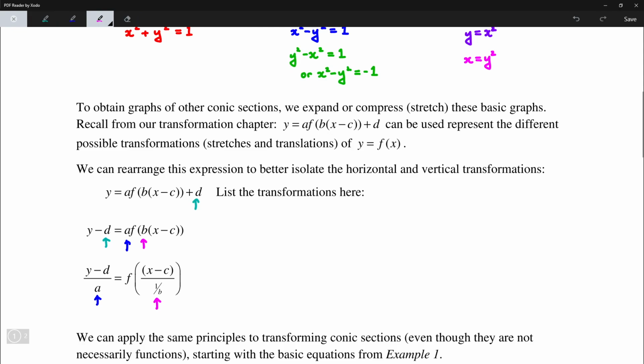So once the equation is in this final form, we know that starting with the letter a, it tells us that the graph underwent a vertical stretch by a. Next up is the letter b, now written as 1 over b. That will give us a horizontal stretch by 1 over b.